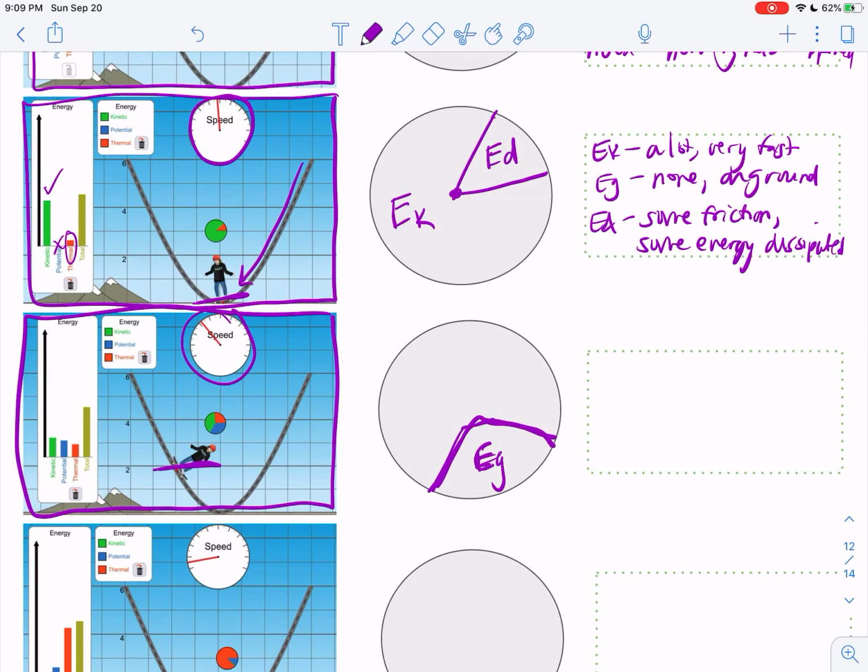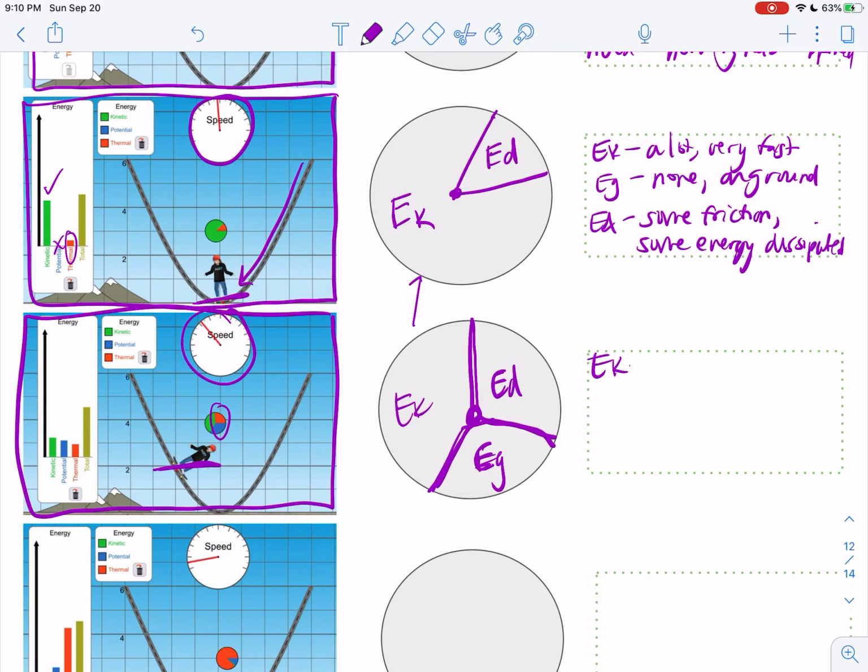Is he moving? Yes, but slower than before, so he's going to have less kinetic energy than in the previous pie. The rest of it has to be thermal, or dissipated energy, because he has been rubbing the board against the ramp this whole time, and that keeps generating more and more heat.